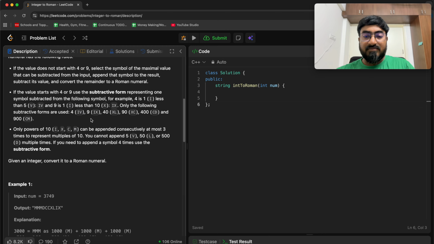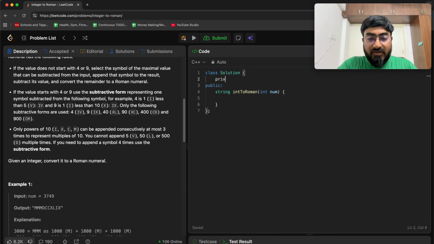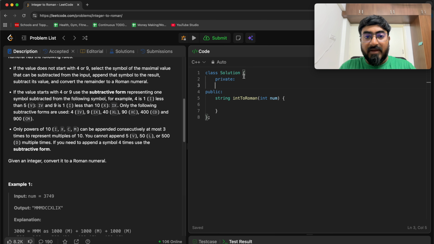Okay, all right, so I'm going to write helper functions. I'm not sure if you have done object oriented programming in C++, but this is how you declare private functions. You have a separate private section, public, and we can have protected as well. Okay, you can add private helper functions in your solution to make it more organized, or you can put everything in this function, make it messy, depends upon you.